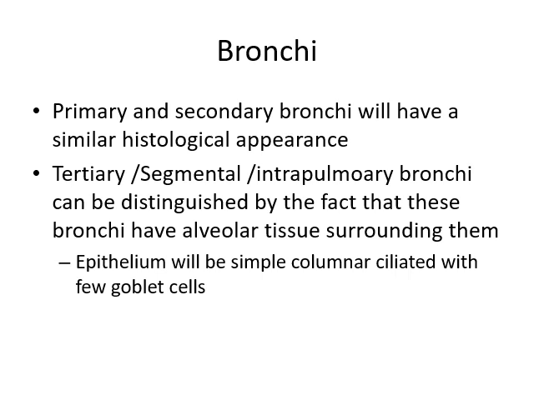However, as you come towards the tertiary, segmental or intrapulmonary bronchi, which are smaller in diameter, you will see that the epithelium is becoming shorter. The pseudostratification will reduce little by little, and you will see a simple columnar epithelium with cilia, with few goblet cells.